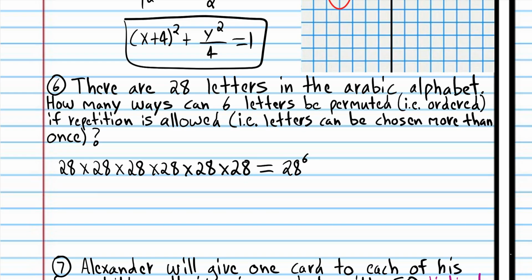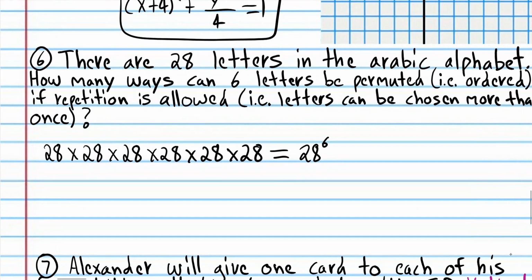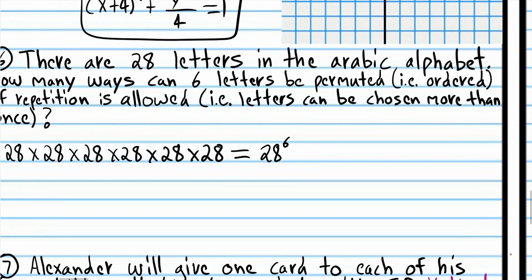So this is an example where we do have repetition. So 28 to the 6th power is a pretty big number. Let's write out the number.